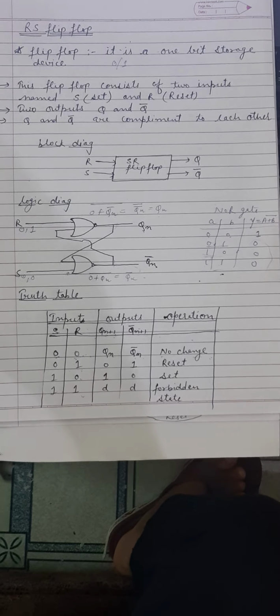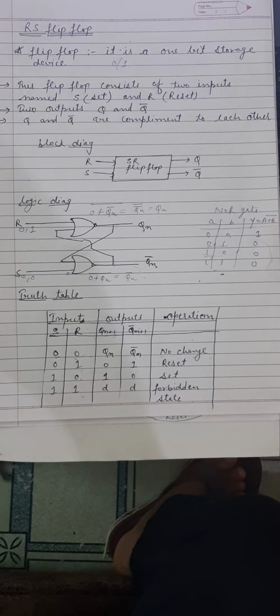Okay, now start from 0 0, when the value of S is 0 and the value of R is also 0. What happens now? In this NOR gate, one of the inputs is 0 and the other input is Qn complement.